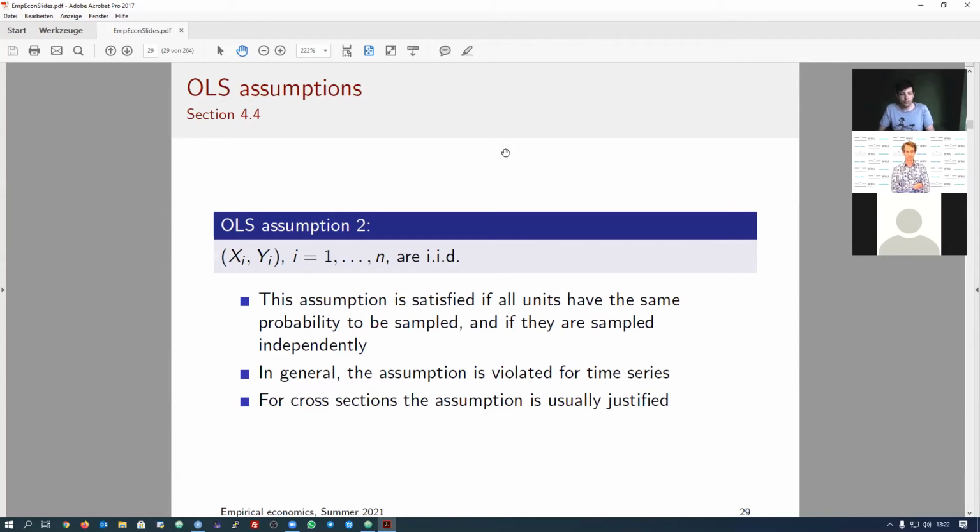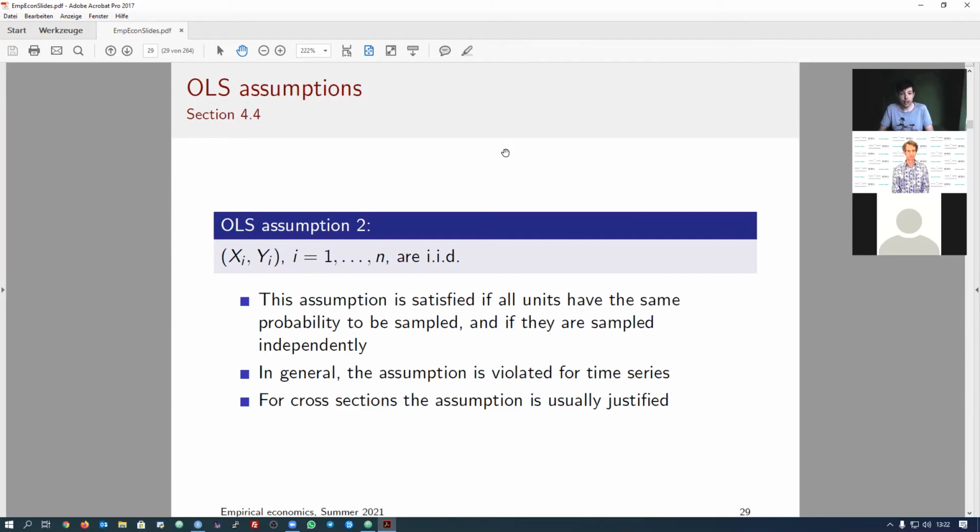In general, this assumption is rather easily violated if we have time series data. So for example, if you think of an economic background, the interest rate tomorrow obviously depends on the interest rate today. The interest rate doesn't vary wildly and completely randomly, but there is a correlation between the days or weeks or even months for the interest rate.